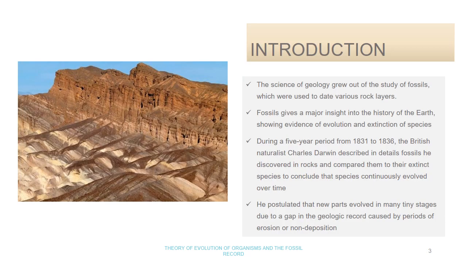So, as a background, we know that geology is the study of the earth at present. Basically what we do is to use the processes that are in place today to infer those that happened in the past.